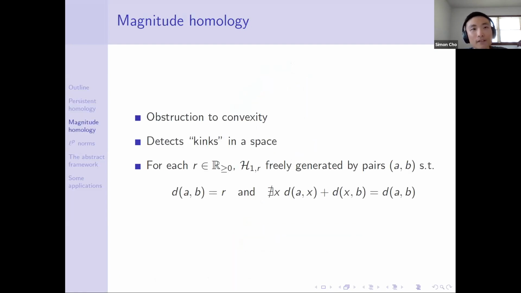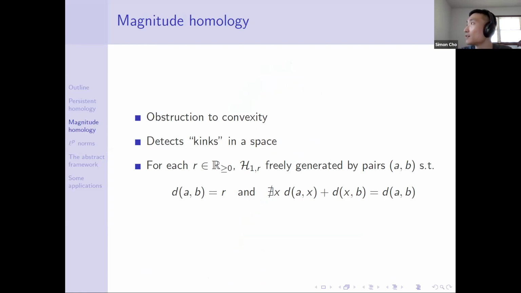Cool. Okay, so magnitude homology. Whereas persistent homology detects large scale features, large scale holes, and is insensitive to small scale noise, magnitude homology is used for different purposes. You can consider it as an obstruction to convexity.